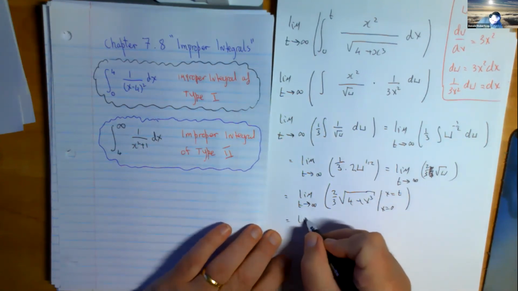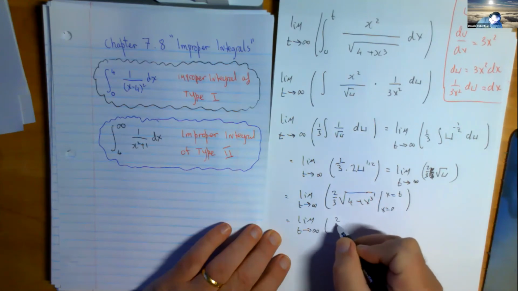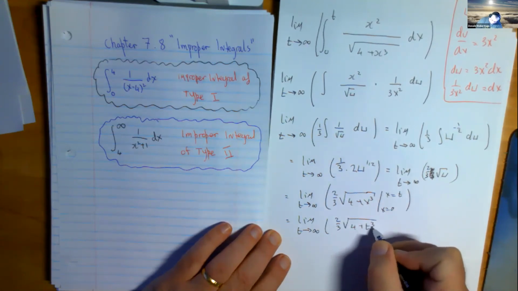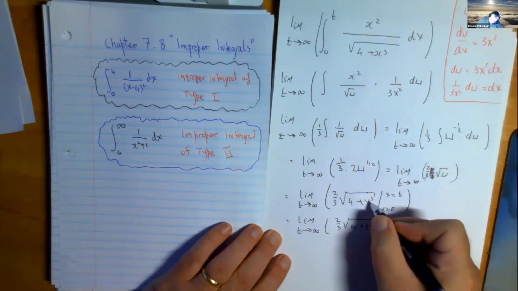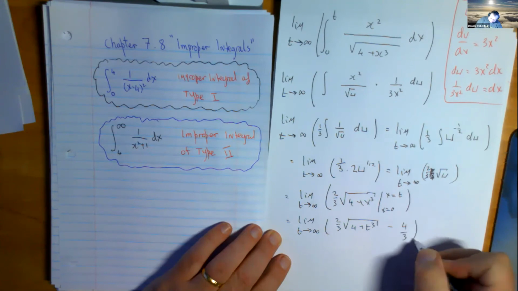And that becomes this fella. Plug in nothing, you get 4. Square root of 4 is 2, so you get that.